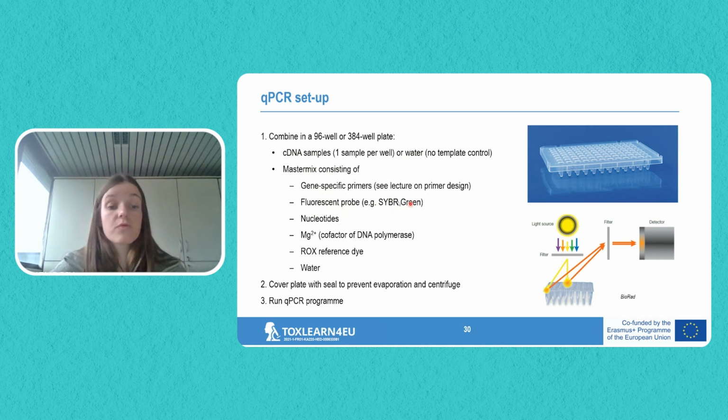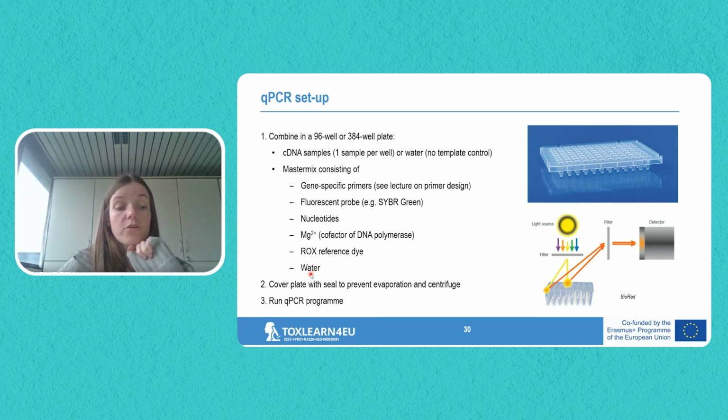Then the SYBR Green mix that you can buy from different companies will also contain nucleotides, which are, of course, important to be able to amplify the PCR product. It also contains magnesium. Magnesium is very important as it is a cofactor for the DNA polymerase, which will amplify the DNA.